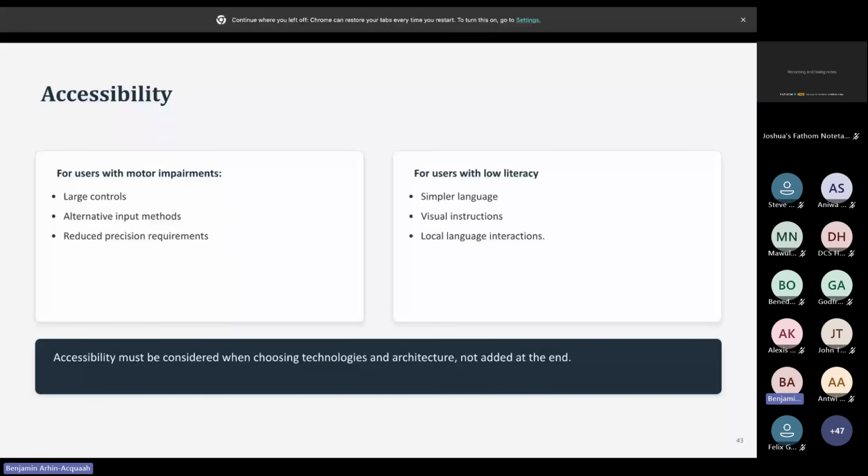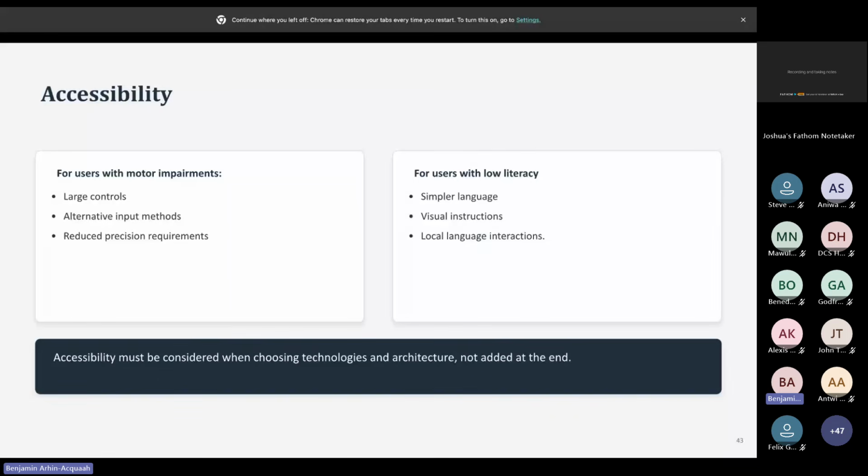And also reduced precision requirements. It's like how I described with a large button. Maybe you have a box, and if the user taps on this box, this should happen. But the user didn't exactly touch the center of the box; they touched some part of the edges.